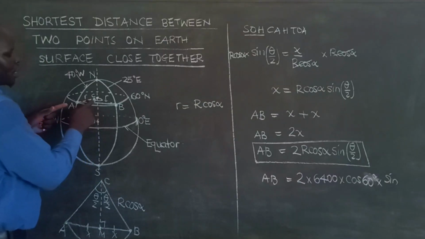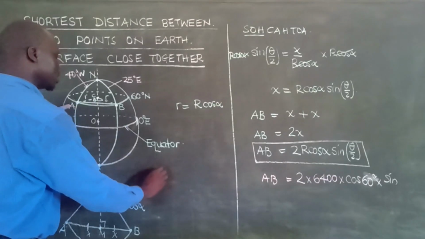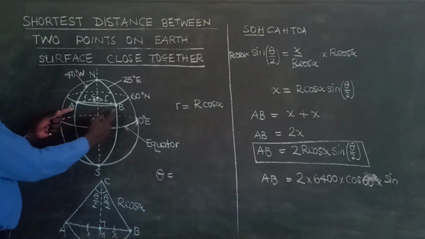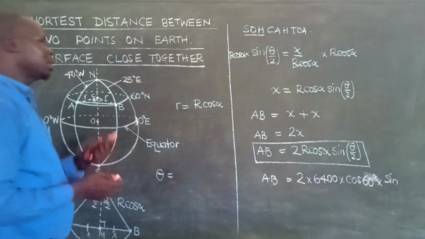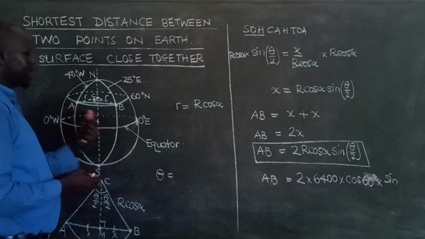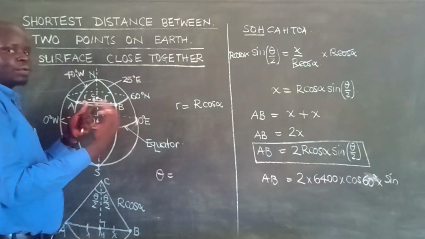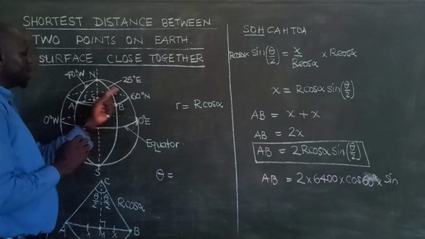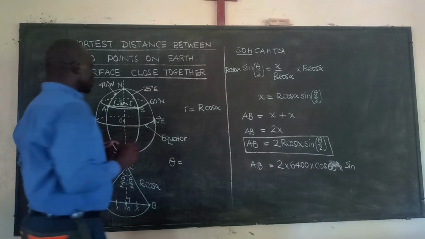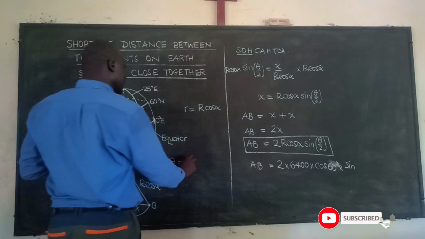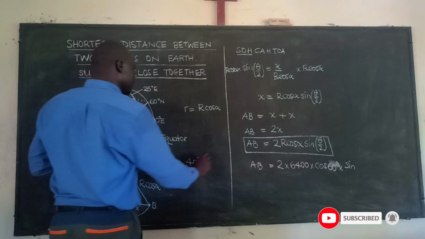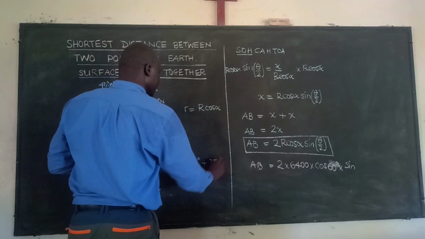So first we need to get our theta here, and theta is calculated from, since these two lines lie in different hemispheres, that is western hemisphere and eastern hemisphere, then we have to get the angle difference by adding these angles together. So we'll start with the one in the west, that is 40 degrees, plus the eastern hemisphere has 25 degrees.